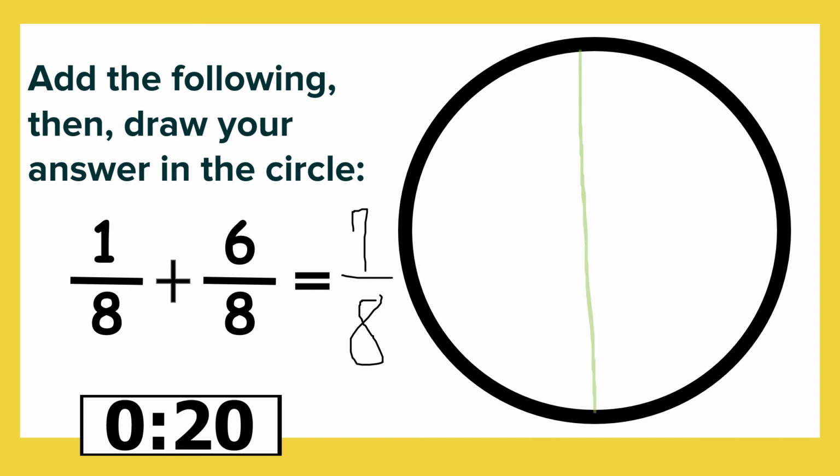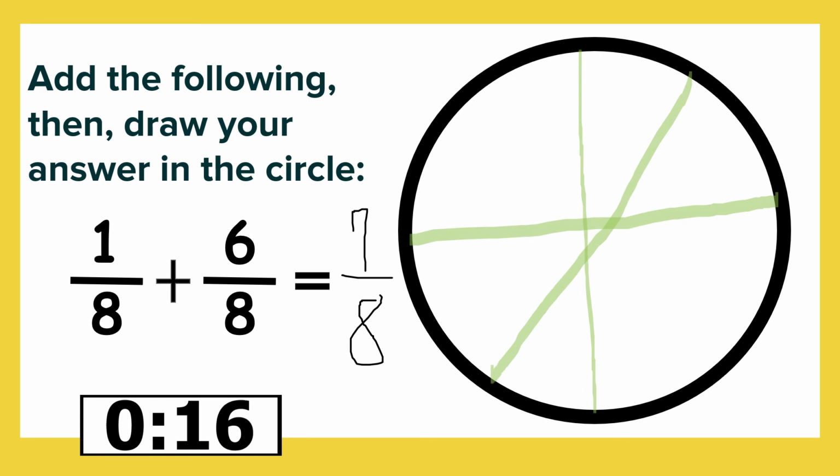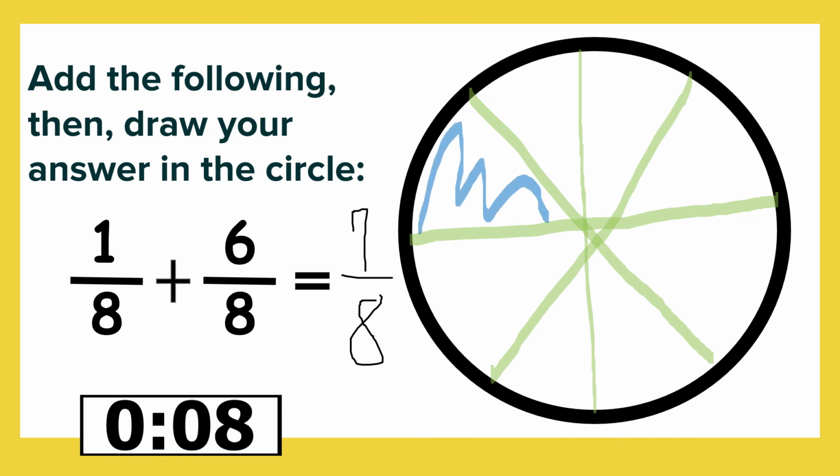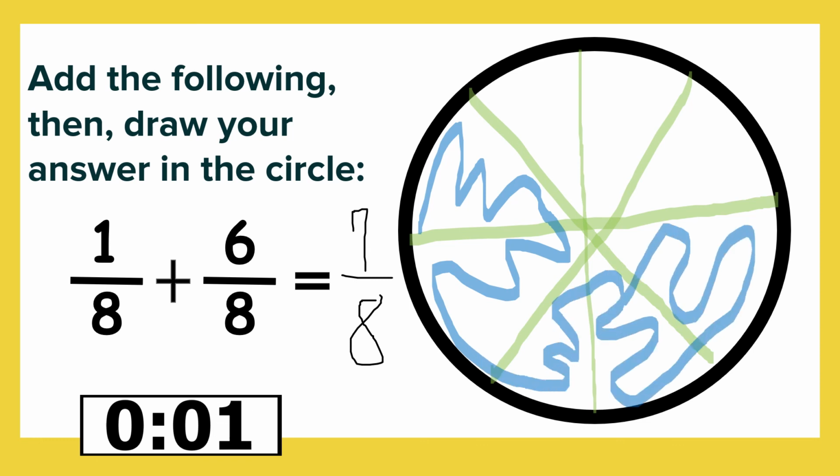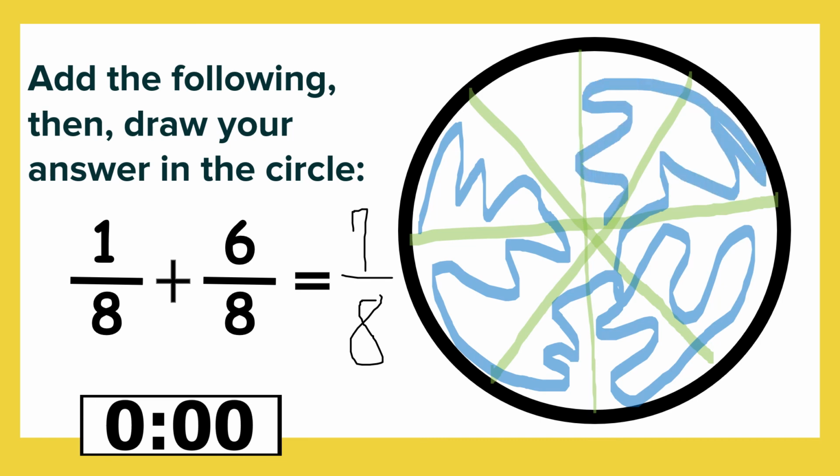Let's divide the circle into 8 parts. They should be equal. And then let us shade 7 parts. 1, 2, 3, 4, 5, 6, 7.